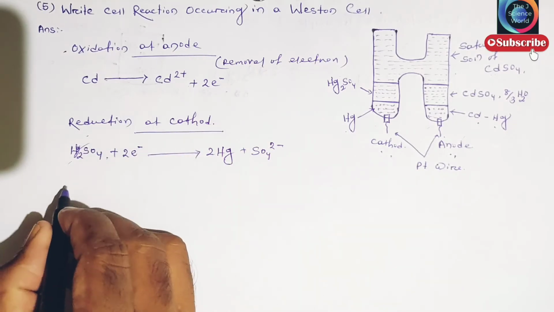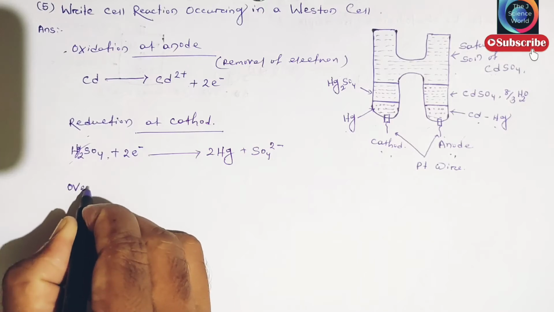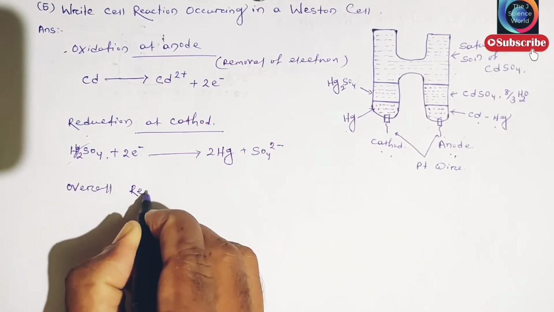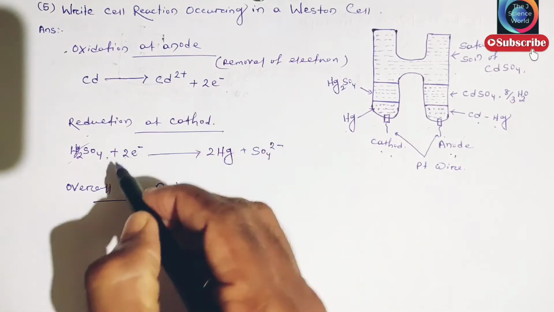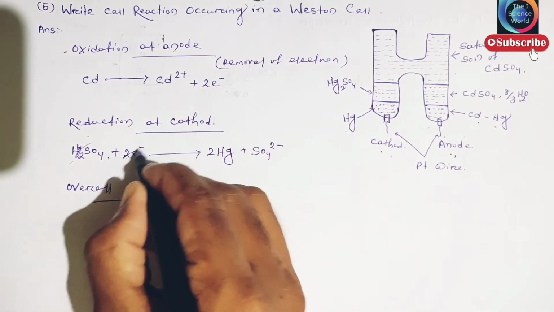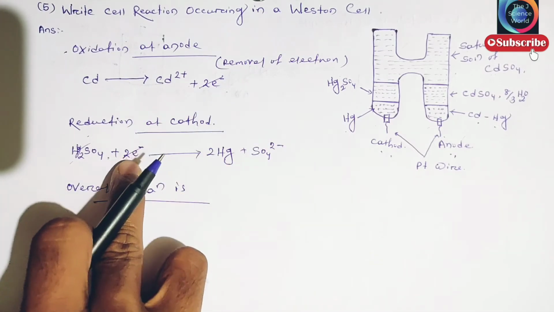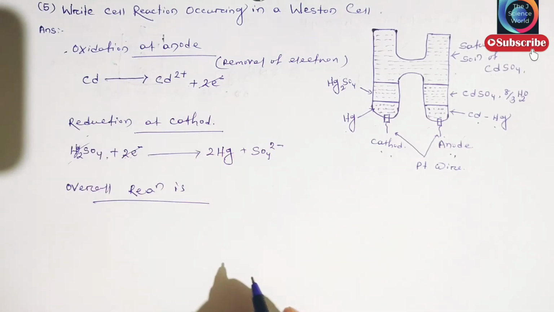Our overall reaction: we cancel both electrons, because these 2 electrons are on opposite sides of the reactions.